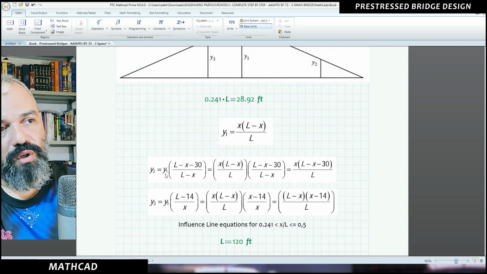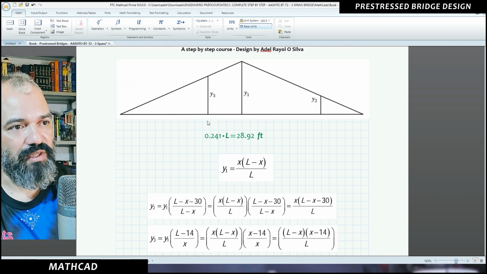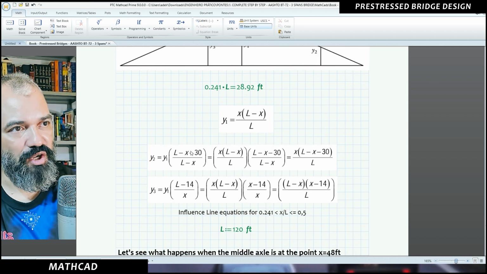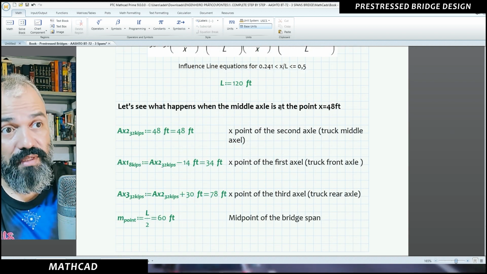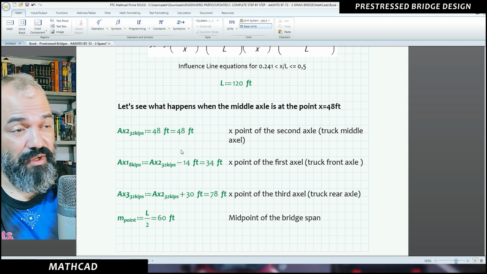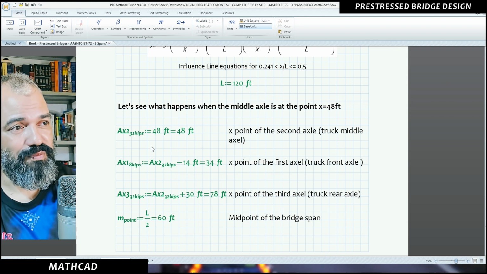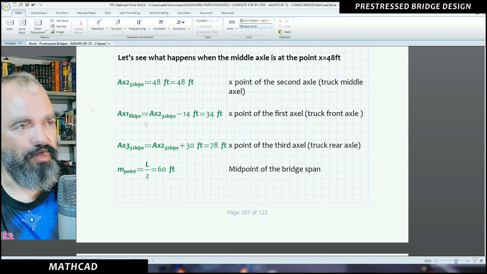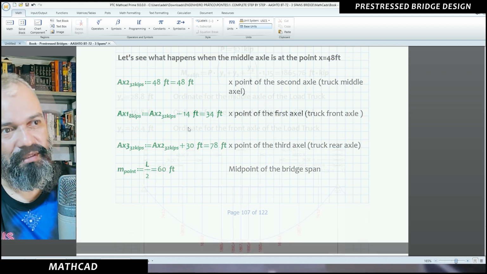And if you want to know how to find the equations of the influence lines, I demonstrated here for you. See what happens when the middle axle is at the point 48 feet from the left side of the span. The same equations are used for finding where the axle is.